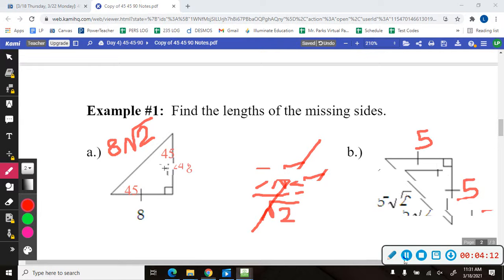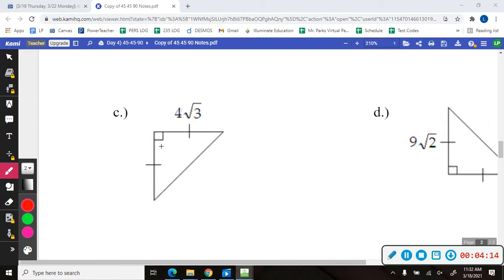On problem C, this is 45, 45, 90. If this is 4 square root of 3, we can see the legs are the same. So this has to be 4 square root of 3. So we know the legs.